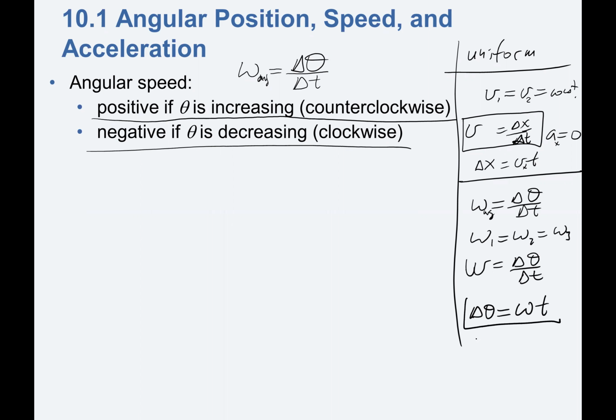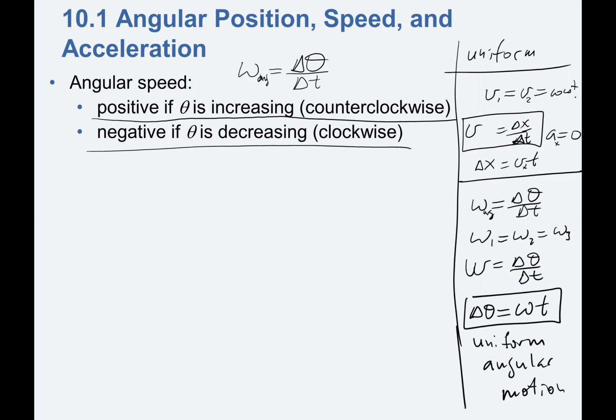That means this is the equation for uniform angular motion. Which means my angular velocity does not change as a function of time. Basically, it always remains constant. Very similar to the uniform motion.